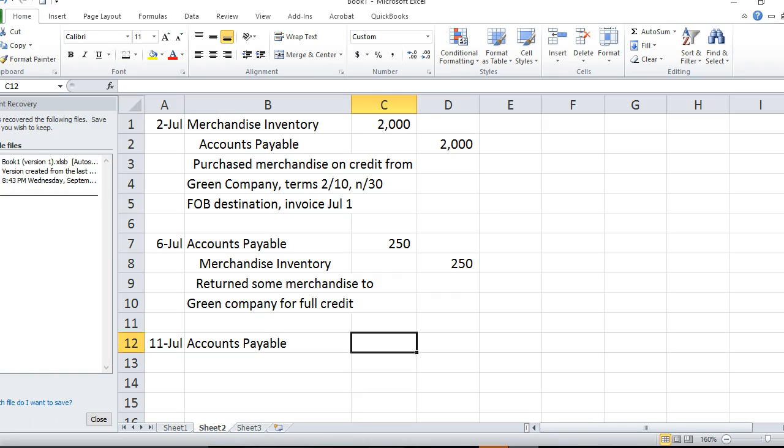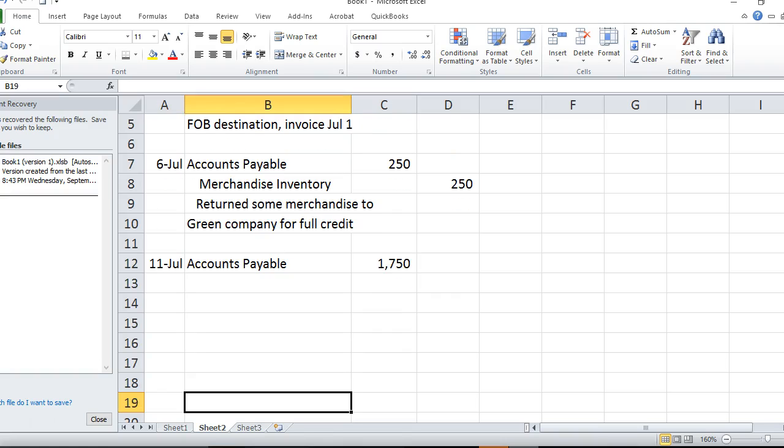We owed them $2,000, but we returned $250. So our accounts payable should be zeroing it out for $1,750. Now, we owed them $1,750, but we took advantage of the 2% discount. Okay? So let's just go down here and show this.